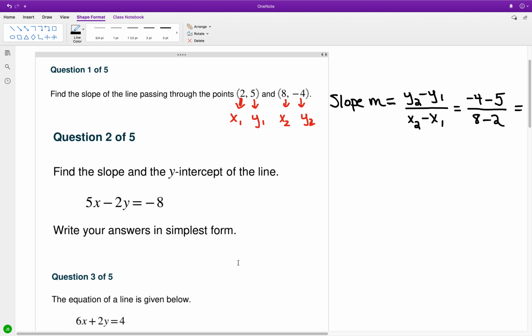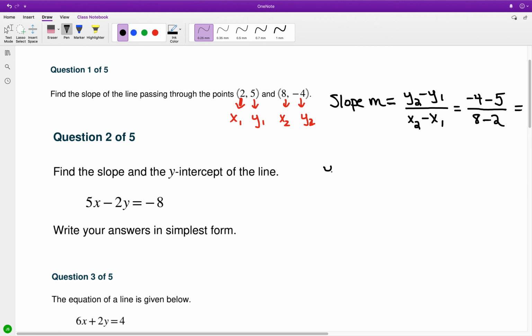The line is represented by the equation 5x minus 2y equals -8, and the objective is to write the equation in the form y = mx + b. Starting with 5x minus 2y = -8, we first isolate the y term, so we move the 5x over, with -2y by itself on the left, getting this as close to slope-intercept form as possible. We have -2y = -5x + 8.